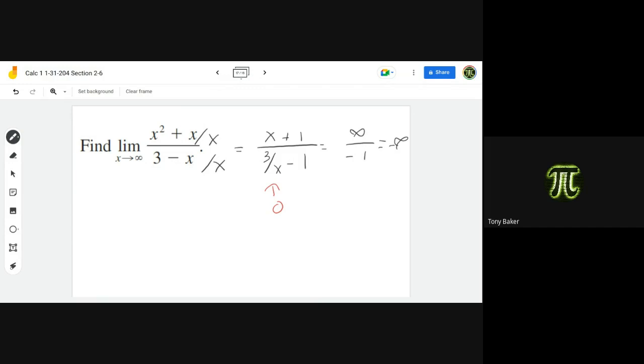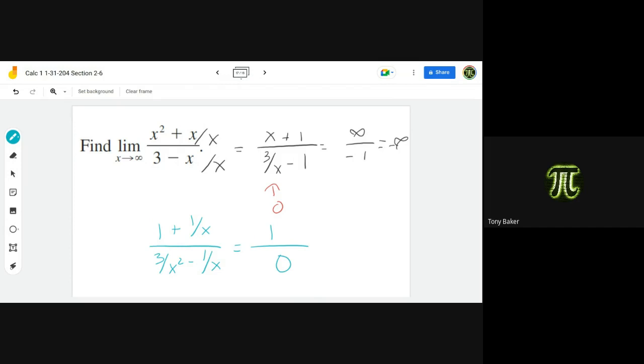But if you look at what's going to be left on the bottom, I would have ended up having 1 plus 1 over x, 3 over x squared minus 1 over x. What's the bottom now going to? 0. The top's going to 1.